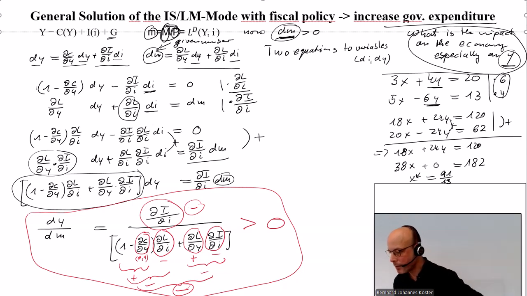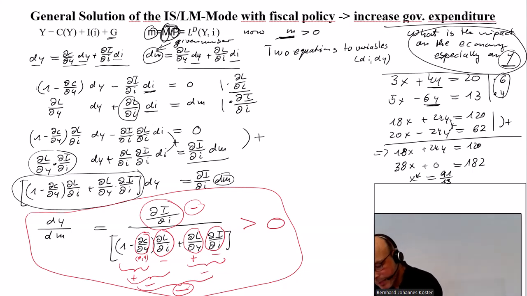So, and now I take my rubber. This means now we have a positive G. And now we just change this everywhere. It is not that much. This is now a 0.